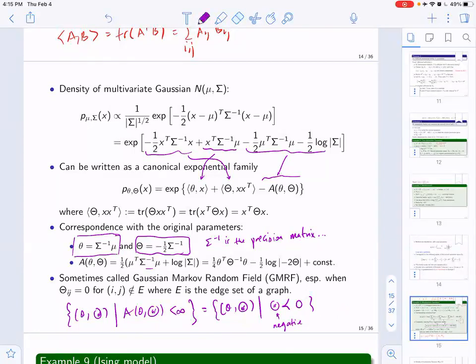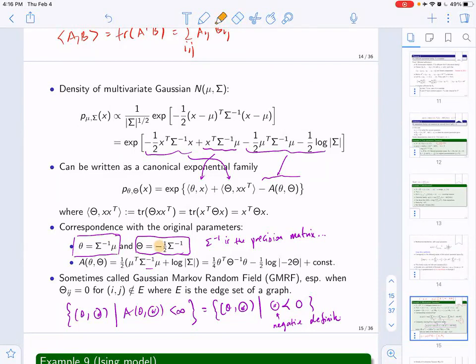This is like the condition that, in the univariate case, if you remember, we had theta 1 and theta 2, and the condition was that theta 2 has to be strictly negative. This theta 2 was in relation to the variance, and so this guy is related to the inverse covariance, and there's a negative sign.